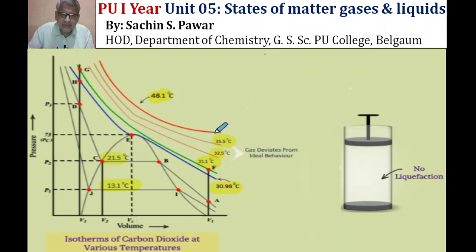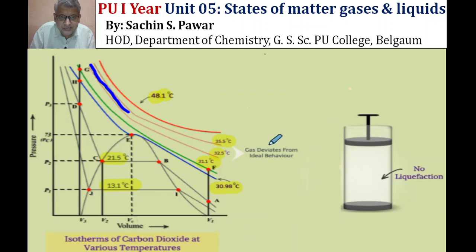So here you will see that Boyle's law is obeyed at 48.1, but below that, for example at 35.5, you see a gradual increase in pressure with decrease in volume, but after a certain pressure, pressure is increasing but the volume is not decreasing to that much extent.